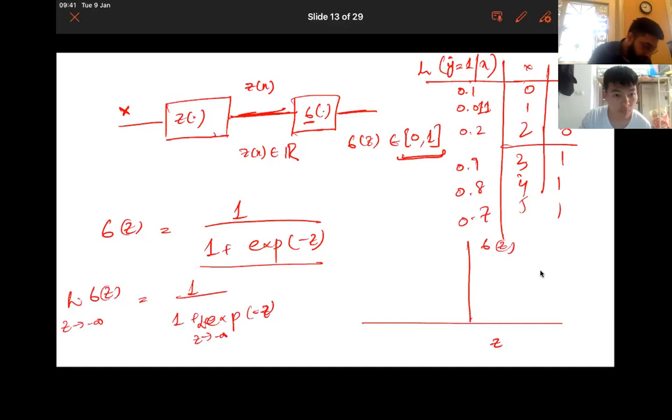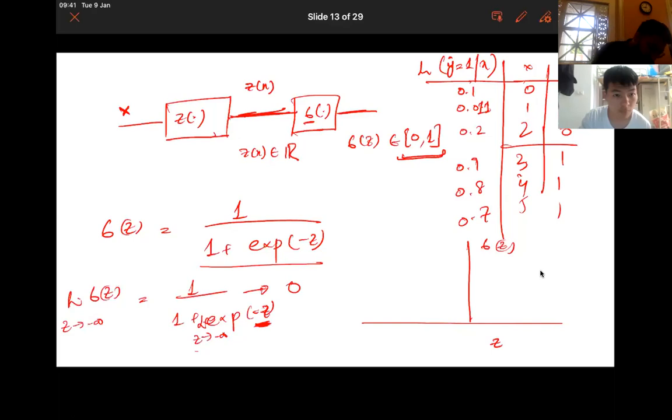As z approaches negative infinity, this quantity inside would approach positive infinity, and exponent of positive infinity would approach infinity. Everyone understands this? Okay, if this quantity in the denominator approaches positive infinity, 1 divided by a quantity which approaches positive infinity would approach 0, right? So this would approach 0.